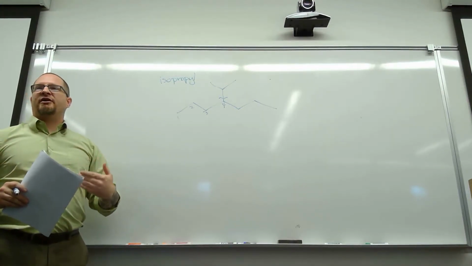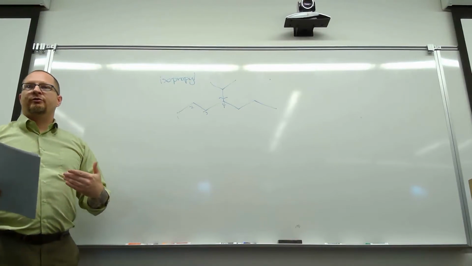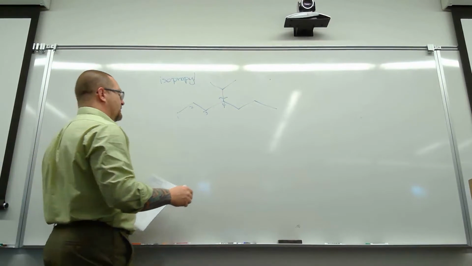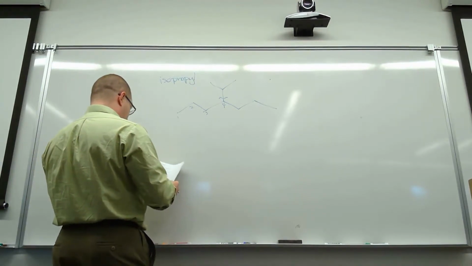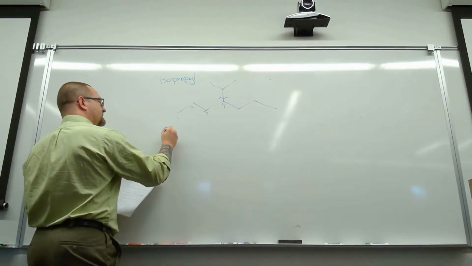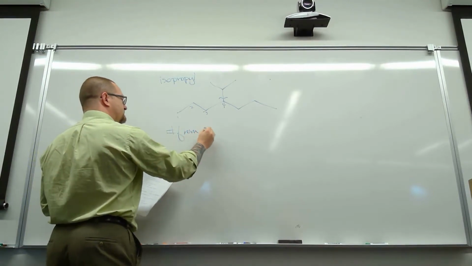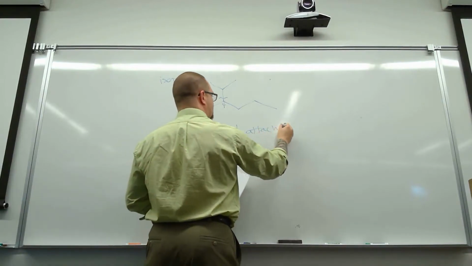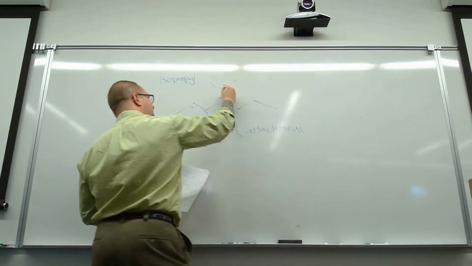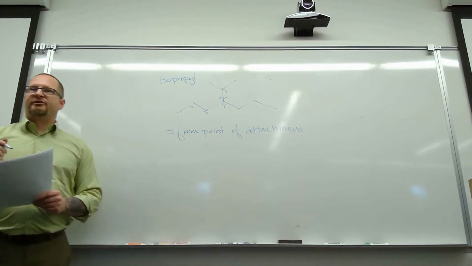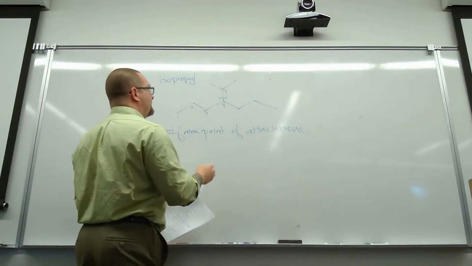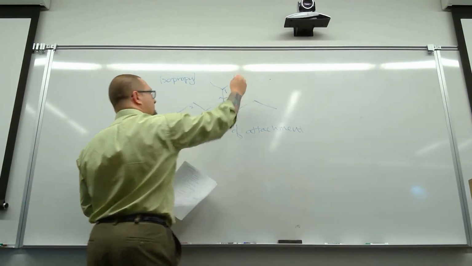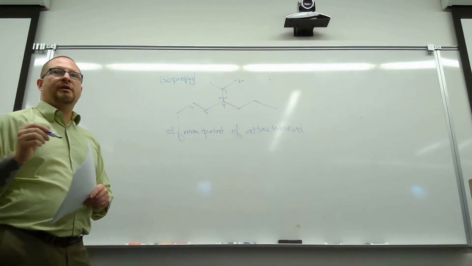But let's say we don't have a common name for it. What you do when you don't have a common name, or you need to use the nomenclature rules, is you always number from the point of attachment, moving away. So this is our 1 carbon for the substituent. In this case, we would also find the longest chain, but this is symmetrical, so we can arbitrarily use that one.